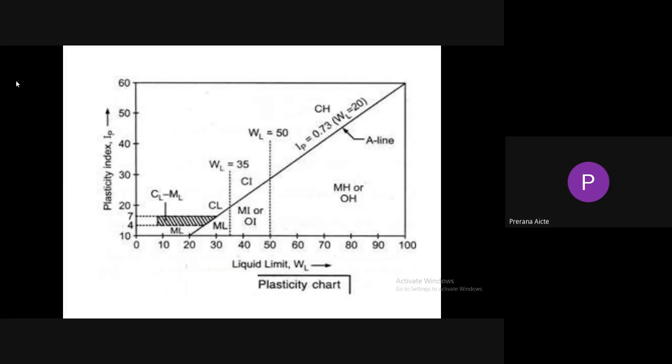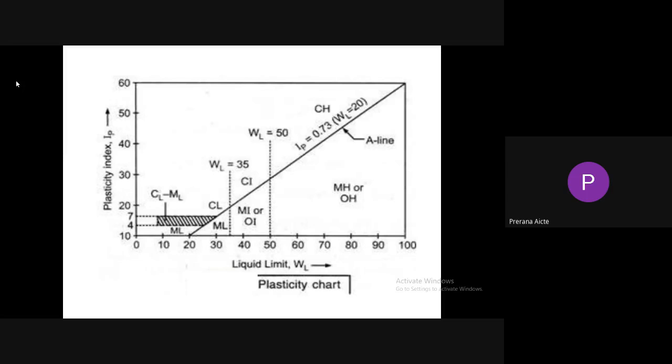The height of this line from the x-axis is given by an equation: height of the line equals 0.73 times (liquid limit minus 20). It is not plus, it is minus.